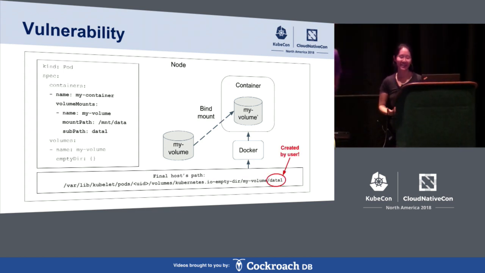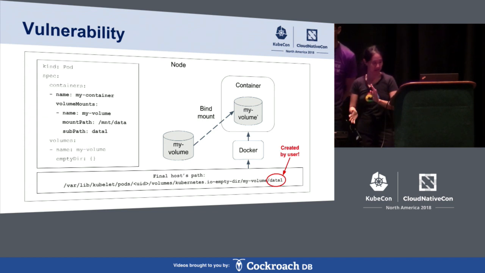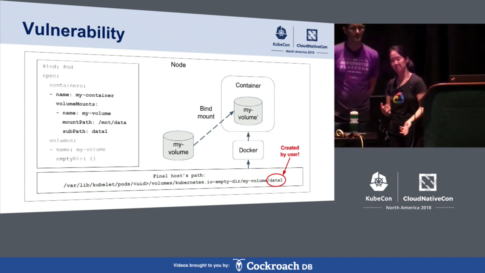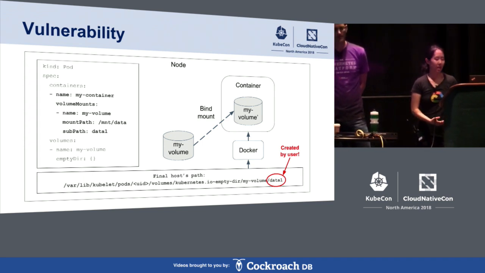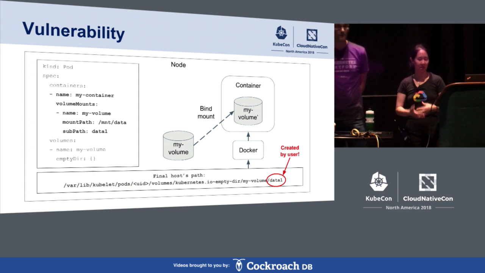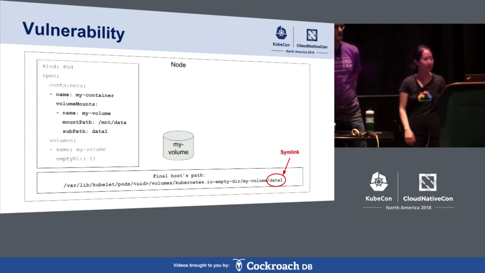So if you pay careful attention here, you'll notice that this data1, which is specified in the subpath, is a file that's created by the user inside their volume. And because it's created by the user, that means this file can be anything, including a symlink.